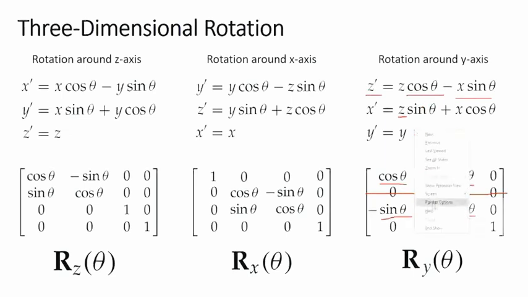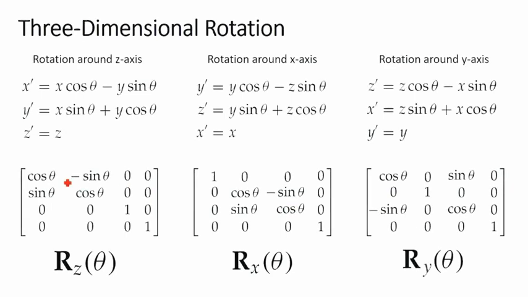One small thing you have to observe here is that the minus symbol is always attached to the sine in the first row in x-axis rotation and z-axis rotation.